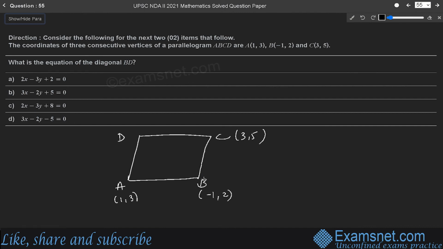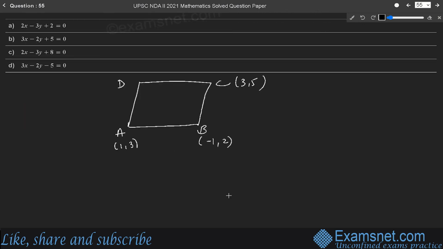ABCD is a parallelogram. Then the midpoint of AC will be equal to the midpoint of BD, since it is a parallelogram. So we can write that the midpoint of AC will be (1 plus 3) by 2 and (3 plus 5) by 2. It is equal to the midpoint of BD, which is (minus 1 plus x) upon 2 and (2 plus y) upon 2.